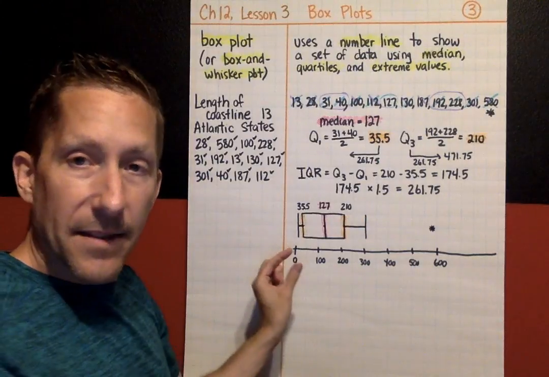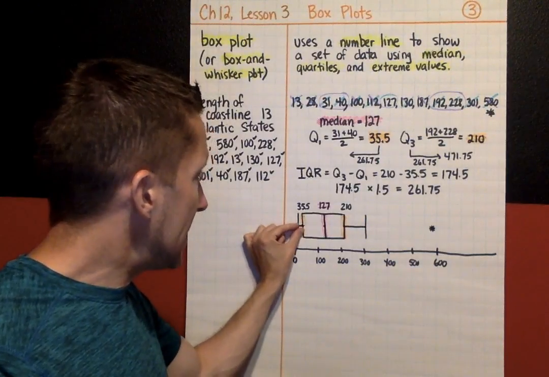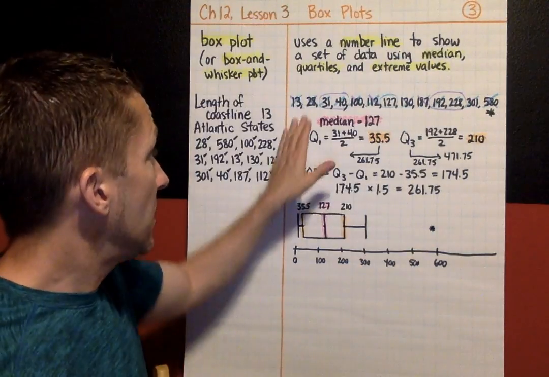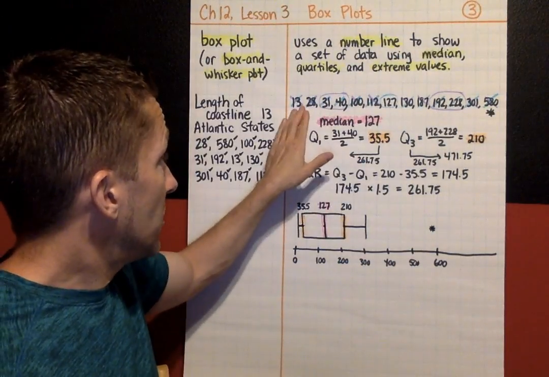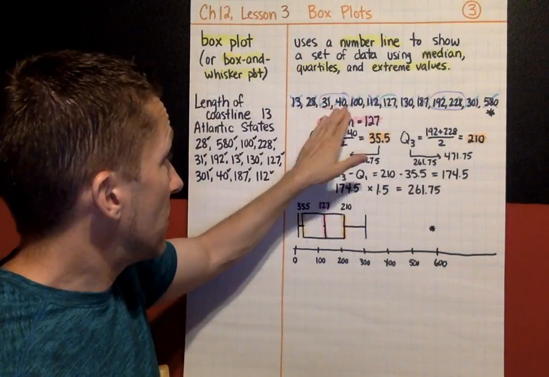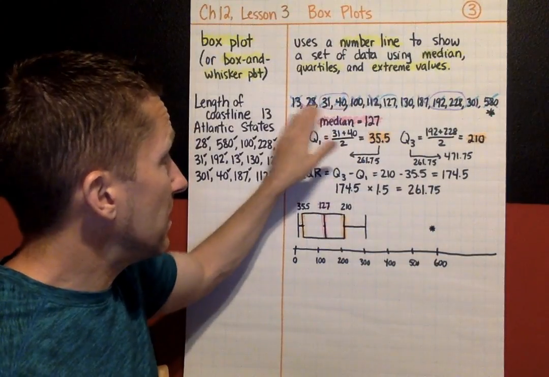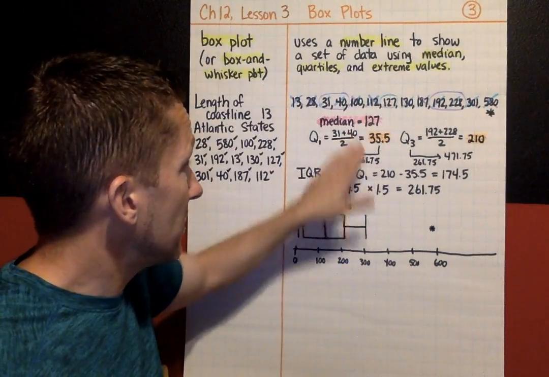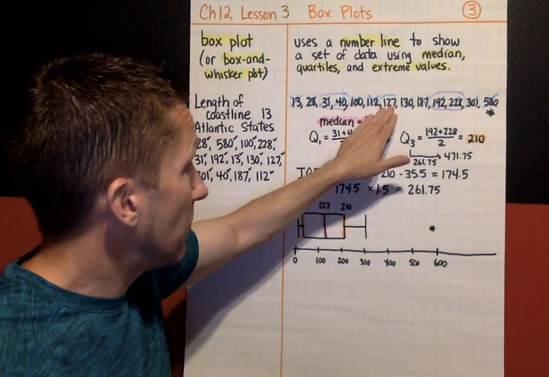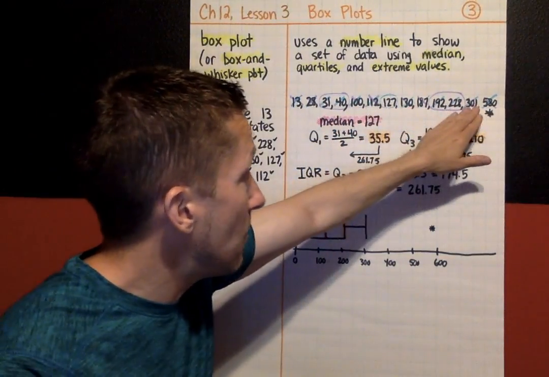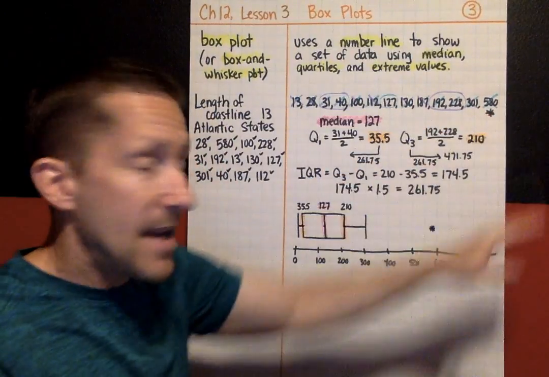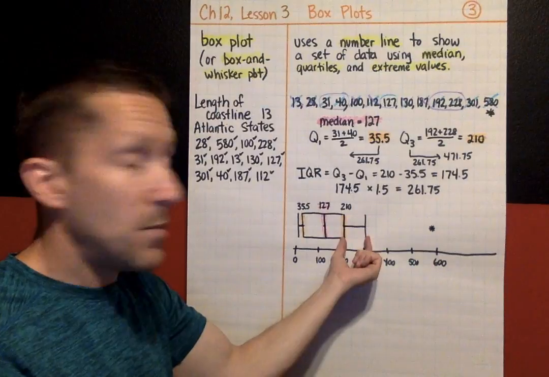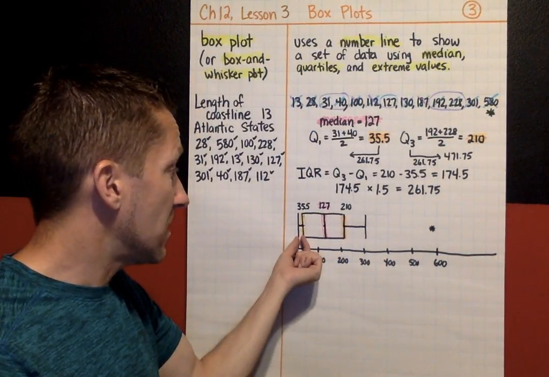The fact that this whisker is so tiny on this side means that my lower numbers are really clumped up, and they are. 13, 28, 31, 40, these are all really, really close to each other. Then they start to spread out a little more in the middle. 100, 112, 127, and then they spread out more on the high end of our data. That's why this whisker is so much bigger than this little tiny whisker.